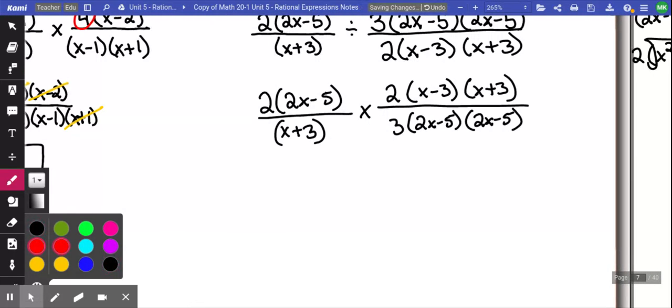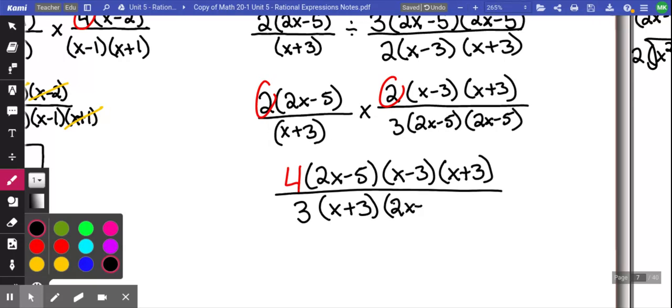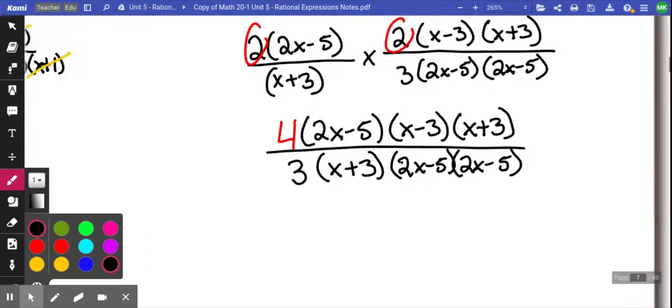The monomials are going to go together to become 4, and then write everything else out: 2x minus 5, x minus 3, x plus 3. In the denominator, the monomial goes out front, and then I write all the binomials out: x plus 3, 2x minus 5, 2x minus 5. And now I've got a singular fraction because I've multiplied properly.